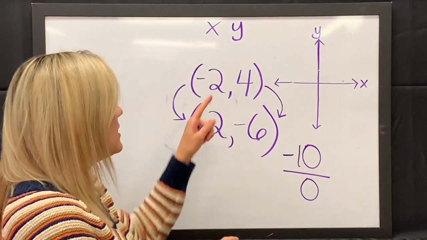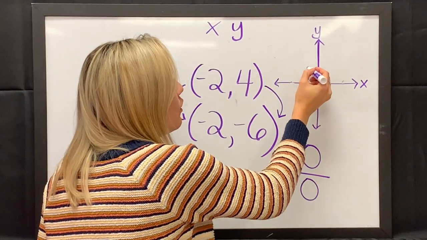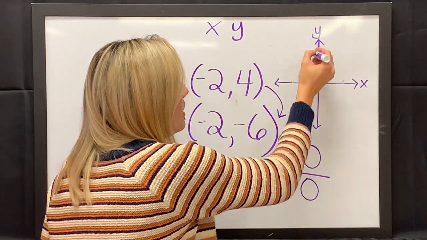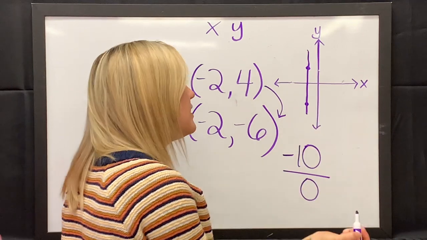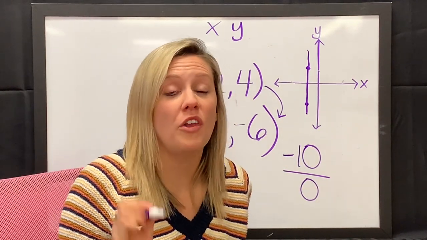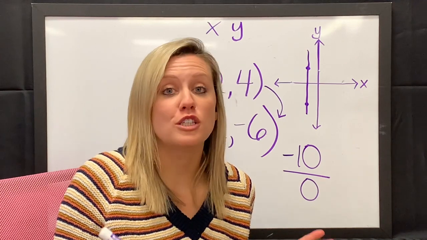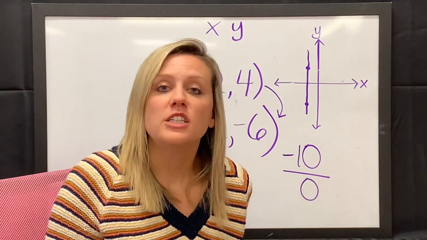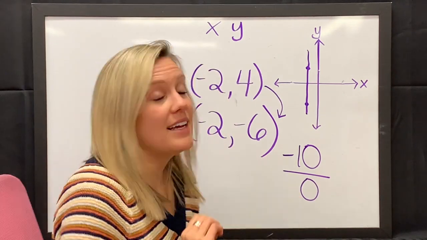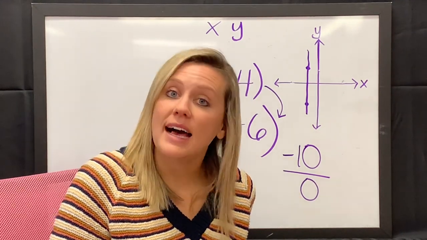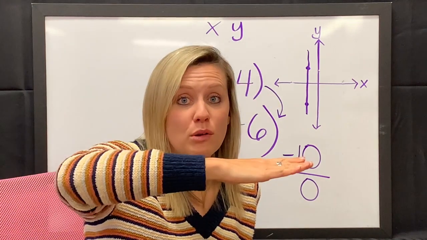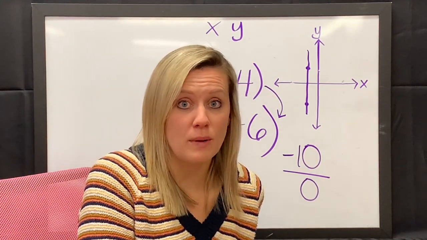If you think about these points, negative 2, 4 would be about there, and negative 2, negative 6 would be about right here, and our line would go perfectly up and down, which is vertical, and that is called undefined. The slope would be undefined. So if you ever get a 0 in the denominator, that is called undefined. The last one that we did, we had a 0 in the numerator. That would run this way, and that has a slope of 0.